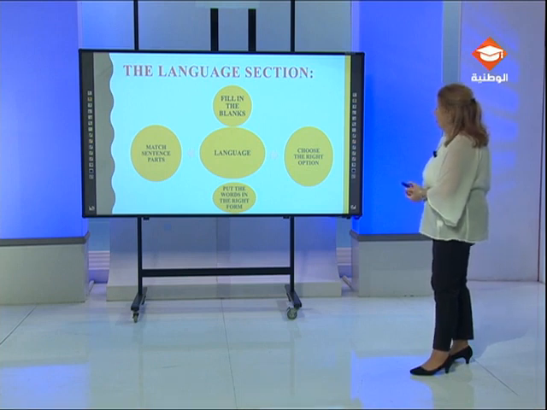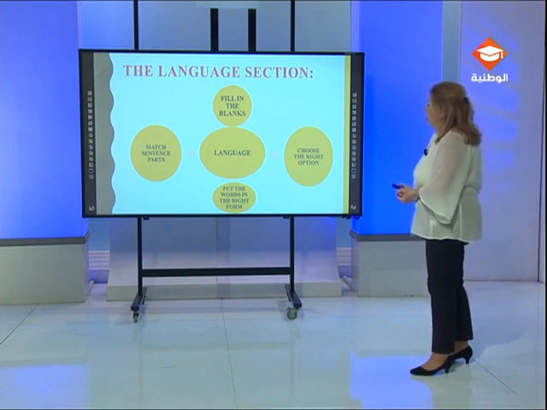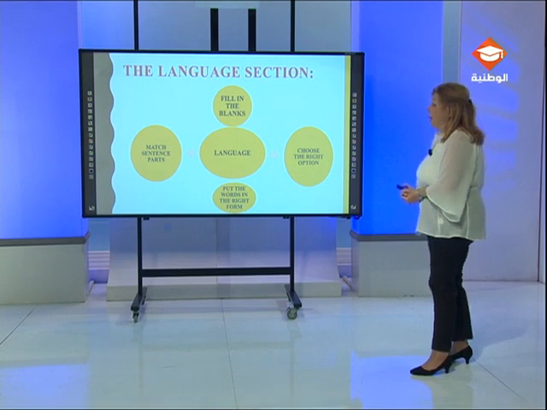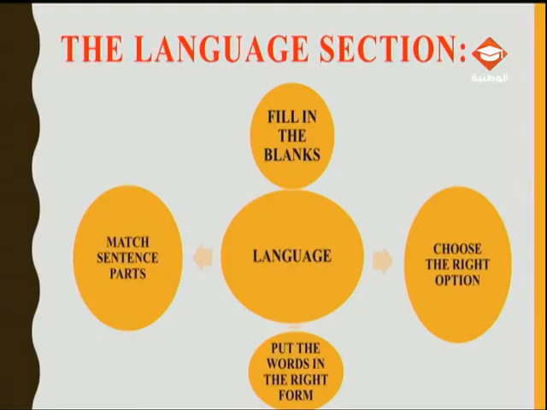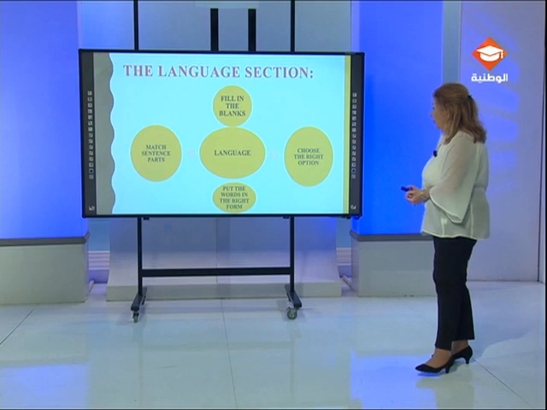As you can see, for the language section, you usually have 2 exercises for the scientific sections and 3 exercises for the arts section.